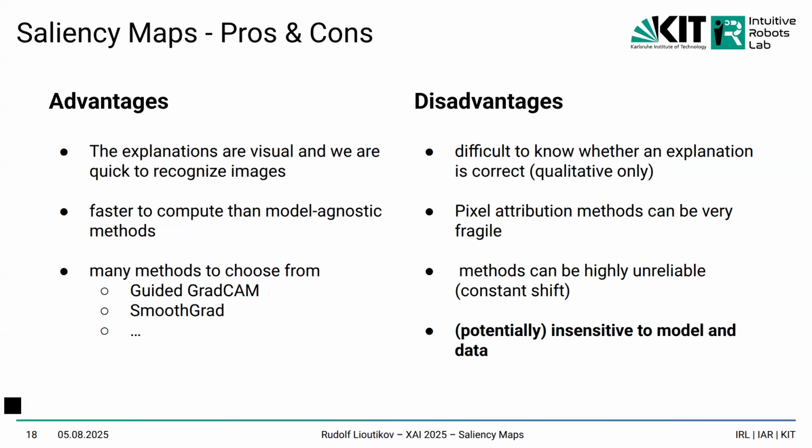So why is this on the disadvantage side? First of all, what does that mean, insensitive to model and data? It has a similar output if the model or the data changes. Yeah.